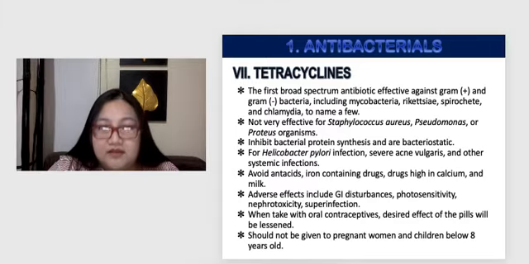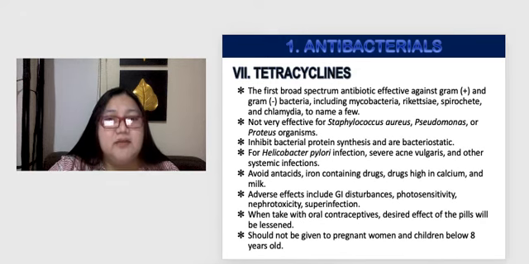But they are not effective sa Staphylococcus, sa Pseudomonas, or Proteus organisms. Okay, so okay siya sa Mycobacteria, Rickettsia, Spirochete, and Chlamydia. Ano ang kanyang mechanism of action? They inhibit bacterial protein synthesis, and tetracyclines are bacteriostatic.